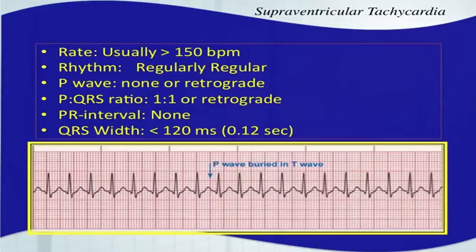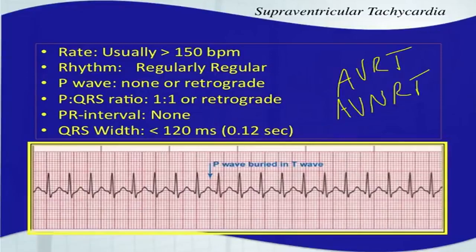Those are AVRT and AVNRT. So AVRT, if you ever see that, they're talking about SVT. And AVNRT. All right. These rhythms are reentry rhythms, and they need to be treated a certain way, and it's very different from other types of tachycardias.